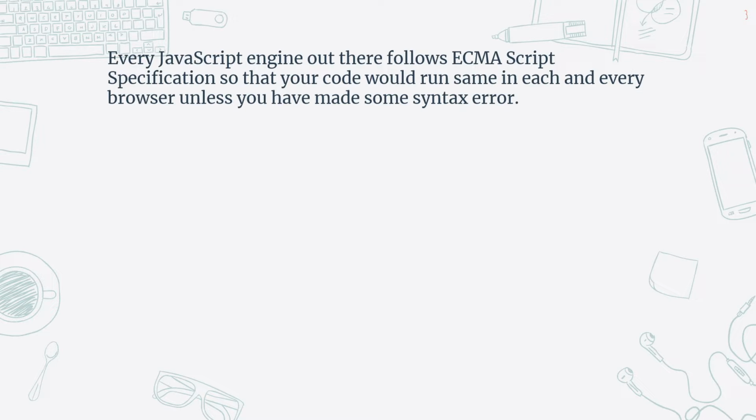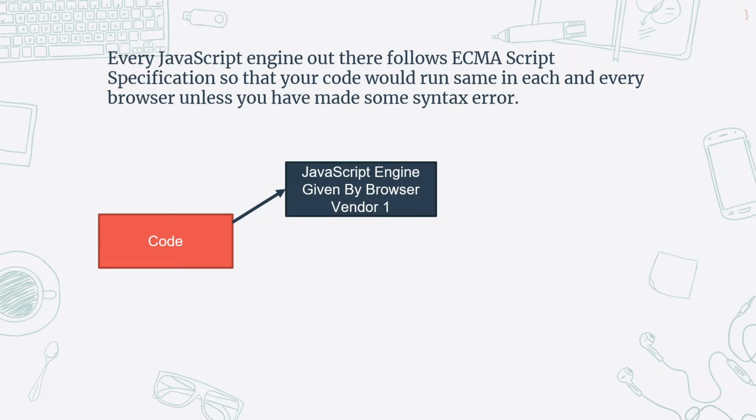Okay. So basically what happens is that your code is taken by JavaScript engine. Now let's consider there are two JavaScript engines. Now one takes your code. So browser vendor one has given you a JavaScript engine, and this engine takes your JavaScript code. Now when this JavaScript engine takes your code, then it obviously converts that to machine code, and that machine code gives you the output.